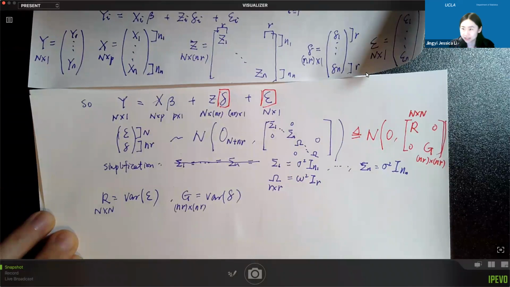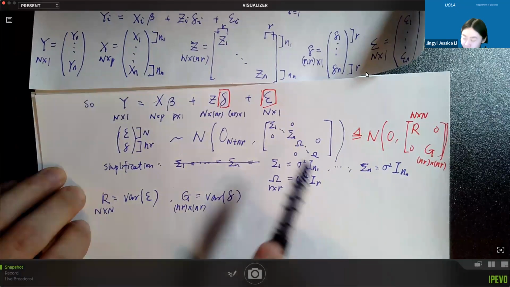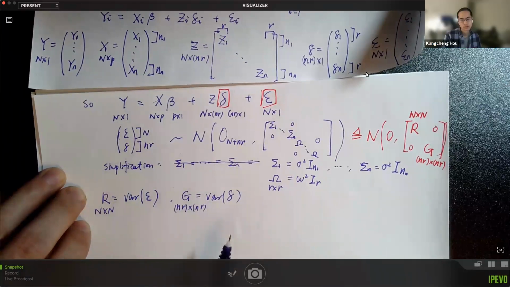Yeah, exactly. That's something we will see very soon. You are basically assigning the randomness by group structure, assuming that within each group, the observations are more correlated. The error terms within each group are more correlated.